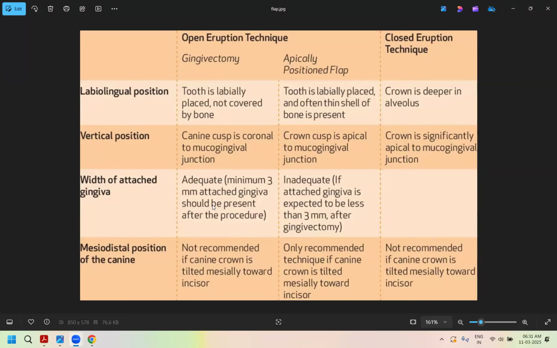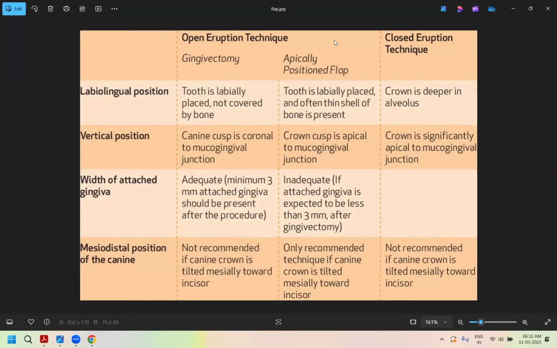Now in the exam, OPGs are given to you, canine crowns are visible, which are impacted, and the question asked is whether you will surgically expose it or surgically remove it. This question is already a past exam question.